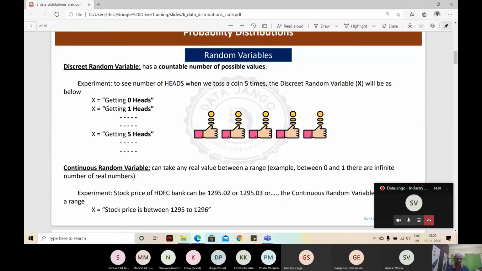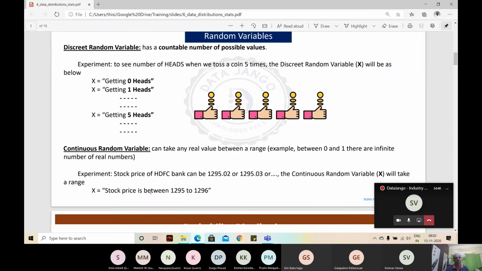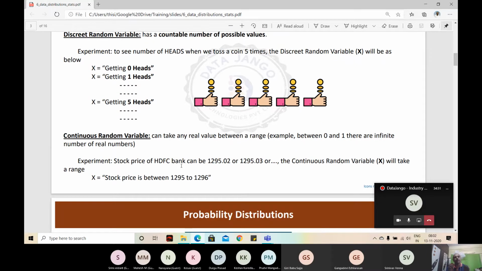Okay. So simple. Random variable is nothing but x, which is going to hold getting 0 heads, getting 1 head in a discrete situation. In a continuous situation, x is going to hold a range, like stock price between 1295 and 1296, because exactly measuring a stock price may be a bit difficult, or calculating the probability of a continuous random variable at an exact point is not possible.